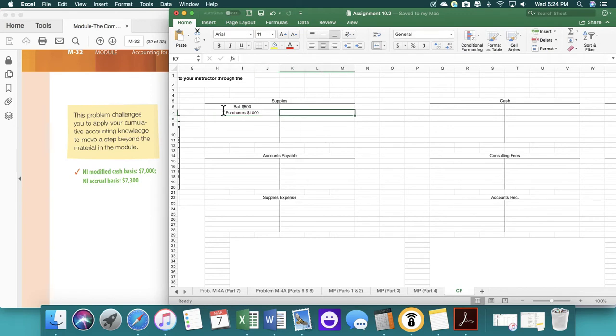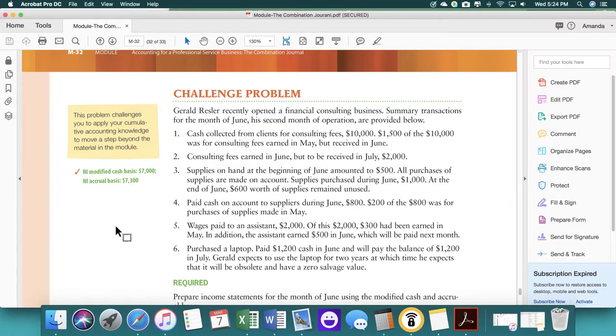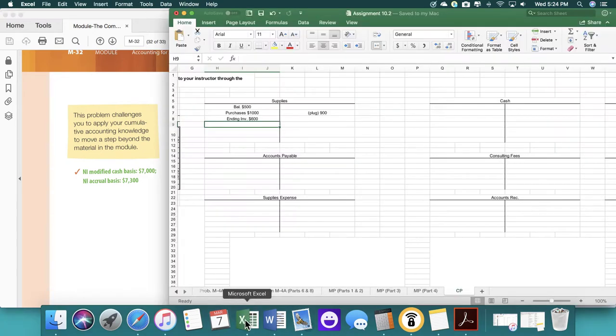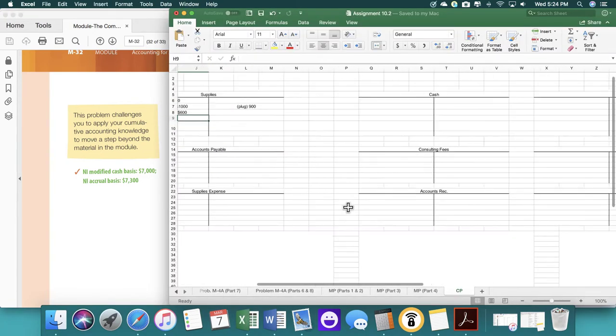And then we're going to put $900. So plug 900 basically is what we've used. And that will give us the ending inventory of $600. So we know we're supposed to have $600. You just need to show how you get to that stage. That is what you're going to do on all of the T accounts.